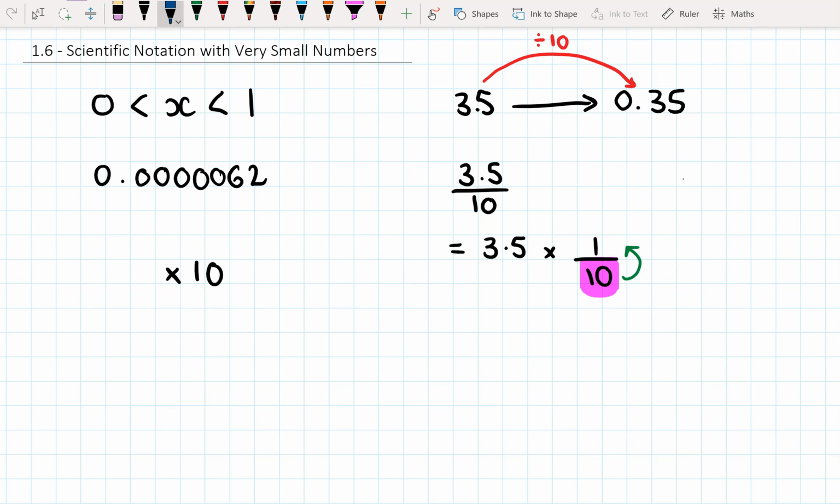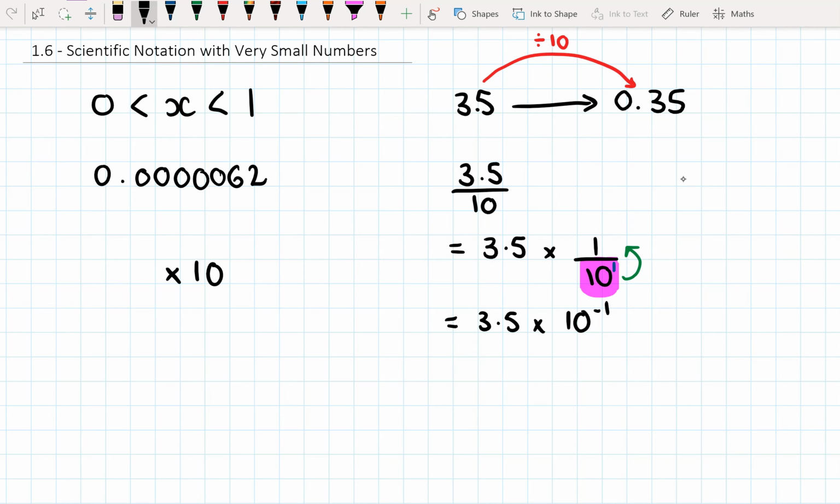This 10 currently has a secret little 1 here that we don't write. So if we bring the 10 up to the numerator, then it becomes 3.5 times 10 to the power of, we change that sign to negative, minus 1. And this is how we work with scientific notation with very small numbers.